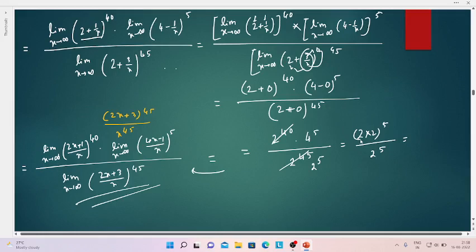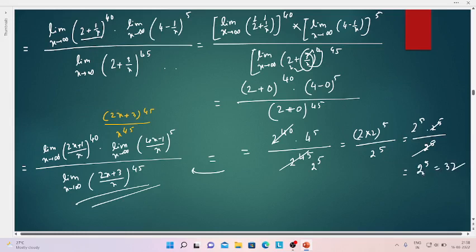So can you please tell me what will be the value of this particular thing? You can calculate that part, and that will become 2 to the power 5 times 2 to the power 5, and the denominator will become 2 to the power 5, and 2 to the power 5 will be cancelled out, and we have 2 to the power 5, which is nothing but equal to 32, right?